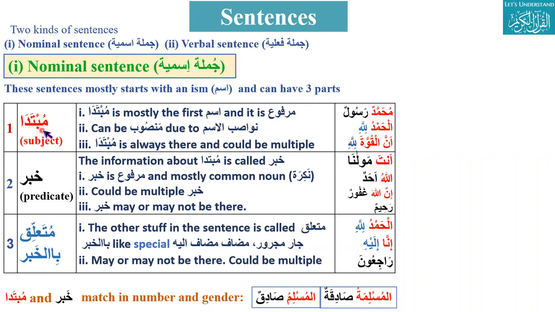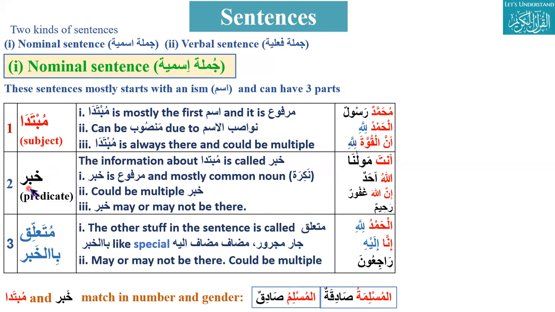The first one is mubtada, also called subject, then khabar, predicate, and muta'alliq bil khabar. And mubtada is mostly the first ism, and it is marfu, but it can be mansub due to nawasibul ism. And mubtada is always there and could be multiple.